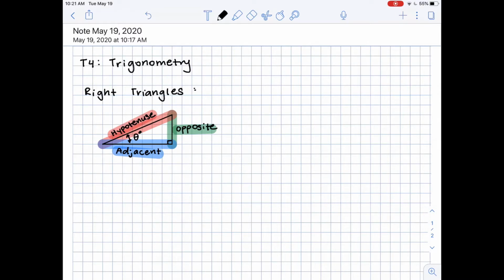So, hypotenuse is the longest side. Adjacent is next to the angle.